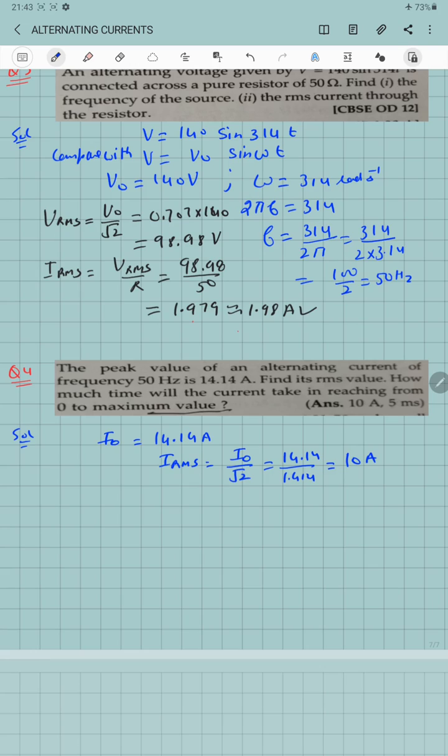Second question is, how much time will the current take to reach from 0 to the maximum value? Now frequency of AC cycle is given 50 Hz. So if we find out the time period of this AC cycle, it will be 1 by 50 seconds.